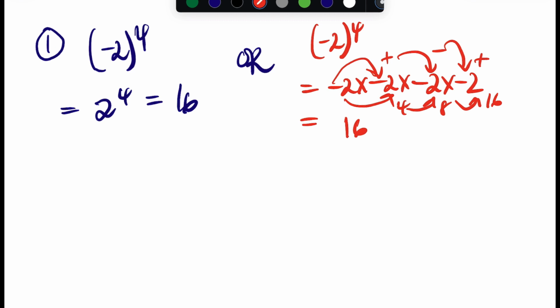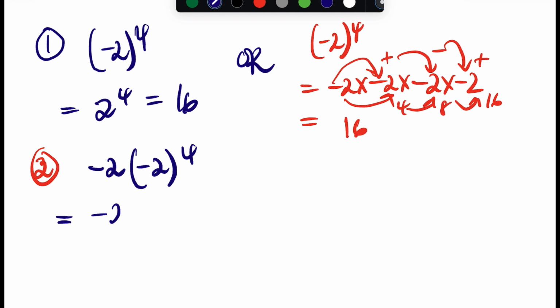Now let's look at number 2. Number 2, now there's a negative 2 bracket 2 to the power 4. So this, if you still remember doing the long way, we're going to focus on the bracket. So I'll put the negative 2 there, and then focus on the bracket. It will be negative 2 times negative 2 times negative 2 times negative 2.